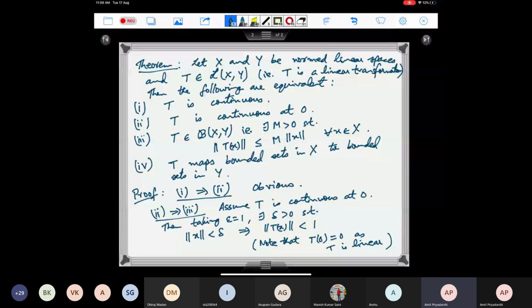Then norm of z is equal to delta by 2, which is less than delta. Therefore, norm of Tz will be less than 1.